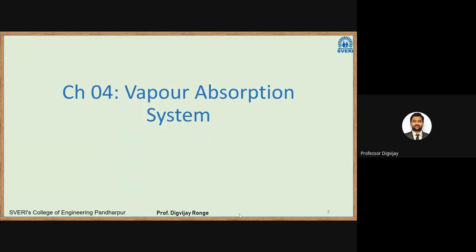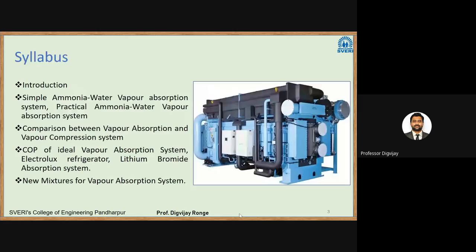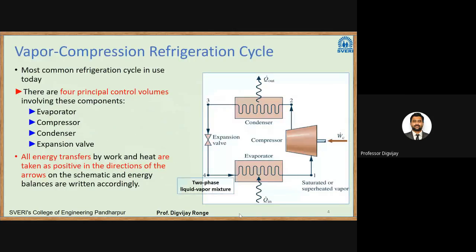Okay. So we are in this fourth chapter, vapor absorption refrigeration system. This was the syllabus. We started with comparing it with VCRS, that is the vapor compression refrigeration cycle. A vapor compression refrigeration cycle consists of four major elements: evaporator, compressor, condenser, and expansion valve. The evaporator is the part which extracts the heat from the space.